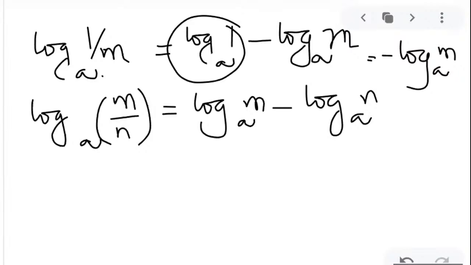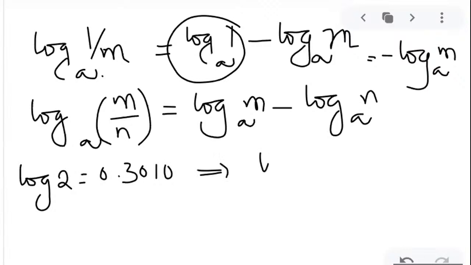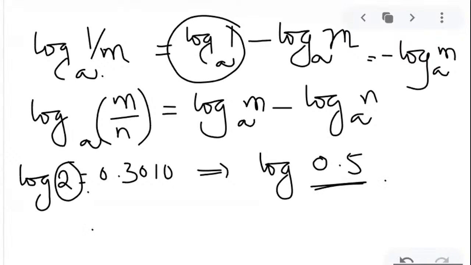Now at this point, tell me, if I give log 2 is equal to 0.3010, what is the value of log 0.5? This is not 6.5, it might look like that. 0.5. My known value is 2, right? So try to write 0.5 in terms of 2.